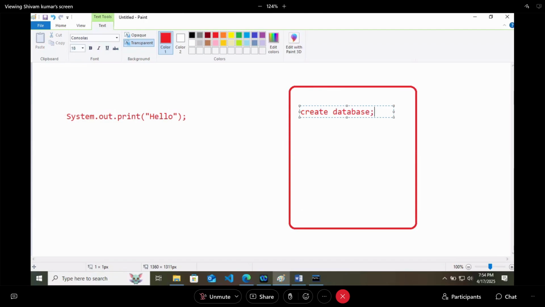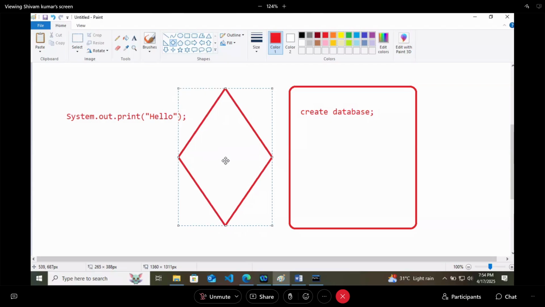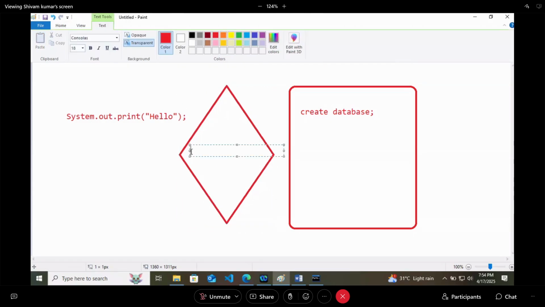Now our Java doesn't know what is create database, and your MySQL or Oracle database doesn't know what is system.out.print. So they can't communicate with each other. Now we need something in between them. What do we need? We need one interface where both Java can talk, MySQL can also talk, and the interface will revert their message.